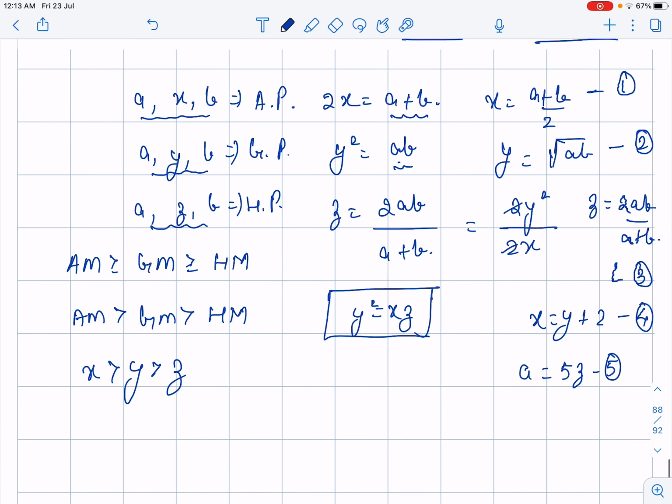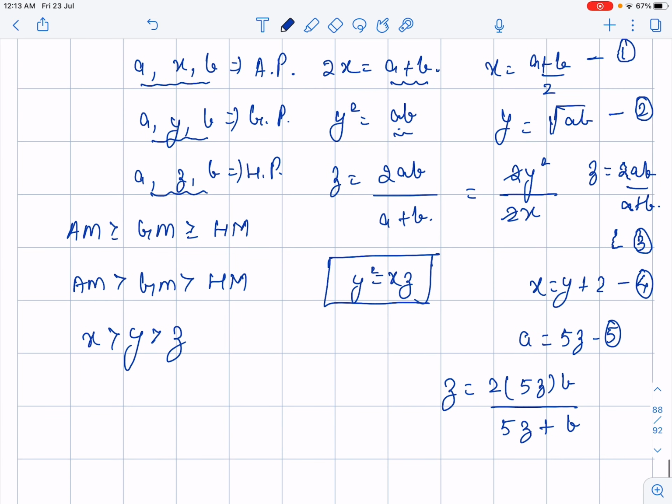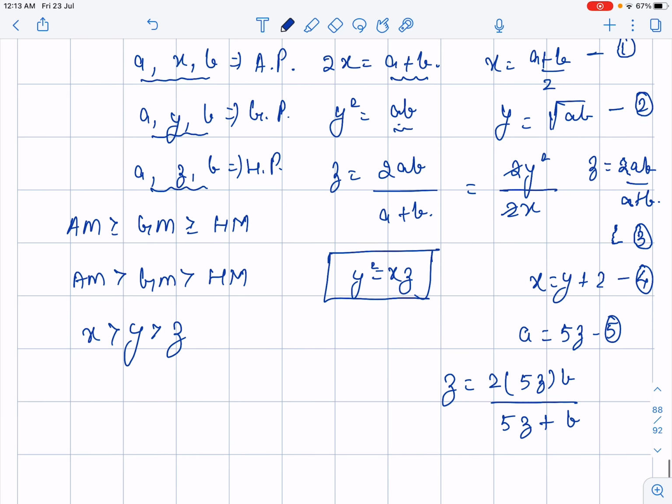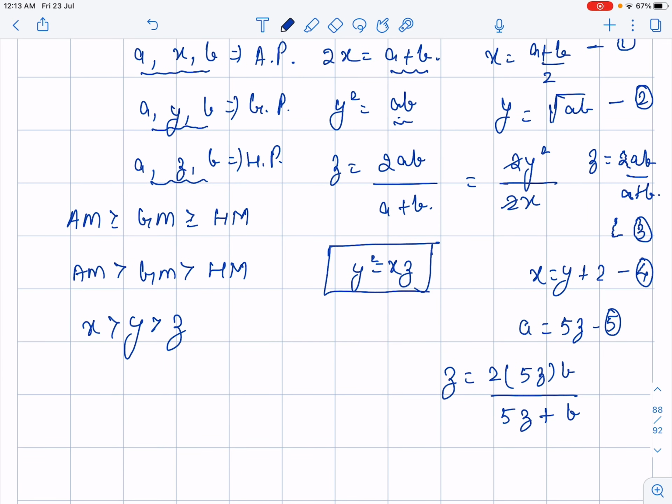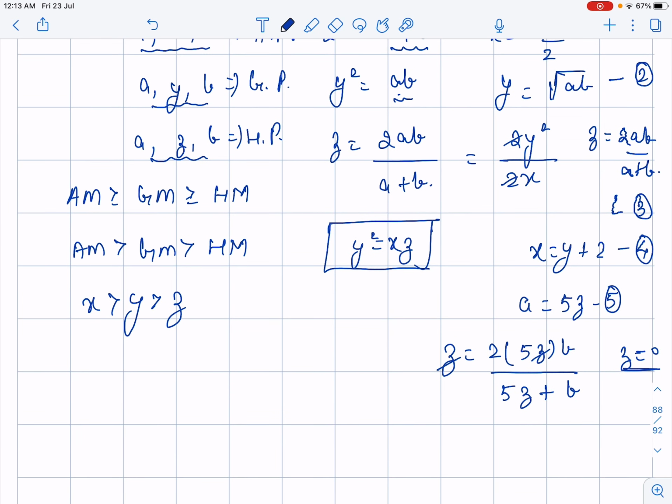So we'll be writing z is equal to 2 times 5z times b divided by 5z plus b. Here we may directly cancel z, but before cancelling we may write that z is not equal to 0. z equal to 0 is a solution, but it is not possible, so that's why I am writing it's not 0.